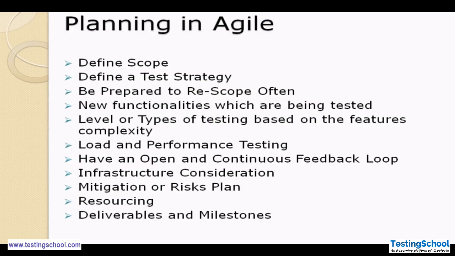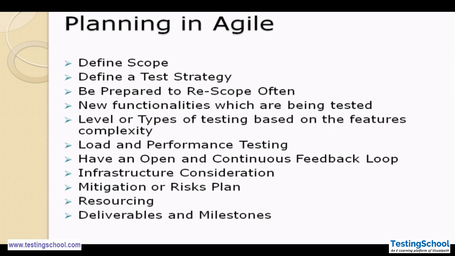We are going to see what contents we will cover in agile planning. In the agile planning model, we define the scope for the testing, or we can say we define the scope for development also. Then we define a test strategy, like what test strategy we will follow in our test planning.